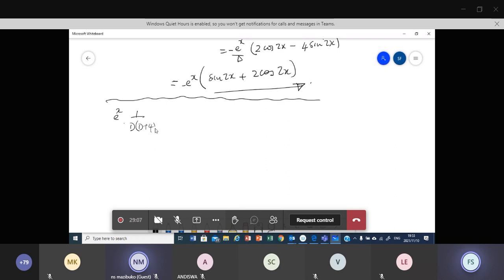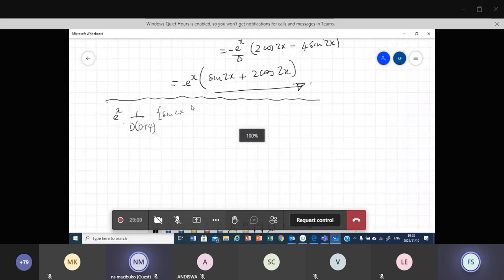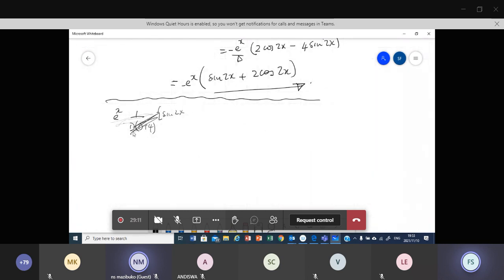Then the action is on sine 2x. E to the power x, 1 over minus 2 squared plus what? Plus 4d. Am I right? Acting on sine 2x. That becomes e to the power x, 1 over minus 4d, acting on sine 2x.